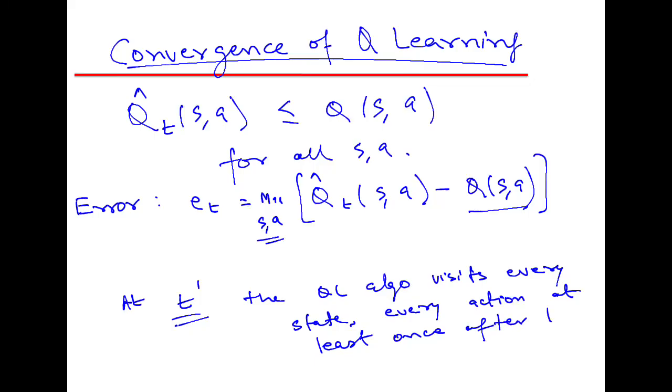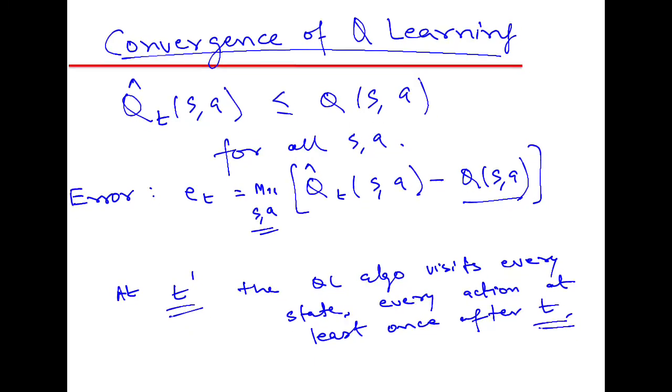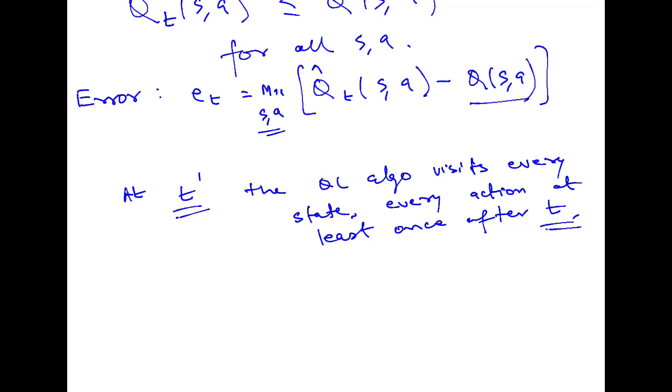Right? Then what I can say is that the error at time t prime is less than or equal to gamma times the error at time t.